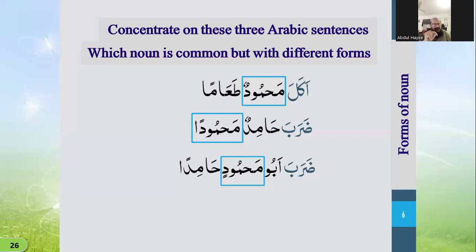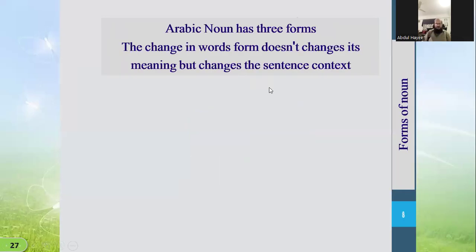So this is the importance of raf, nas, jar, because they are fixed. The raf, marfu ism will be fa'il. The nas, mansub ism will be the maf'ul. The jar, maksur ism, which is called majroor, is always having some relation. The Arabic noun has three forms.